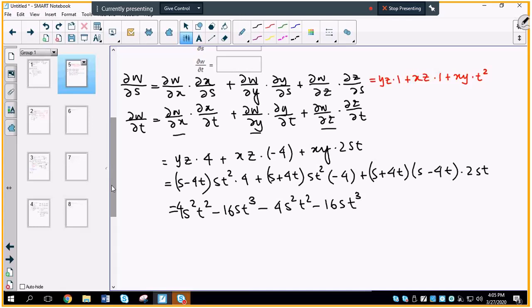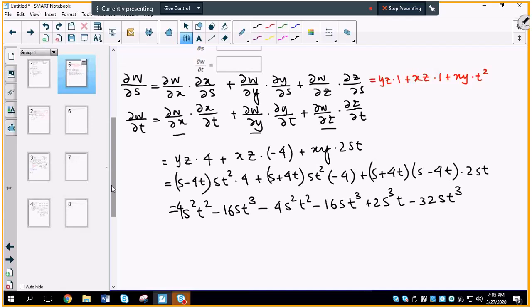Then I'm going to get S squared times 2ST, so I will say plus 2 S cubed T, and I have negative 16T squared, so I'll get minus 32 S T to the power 3.